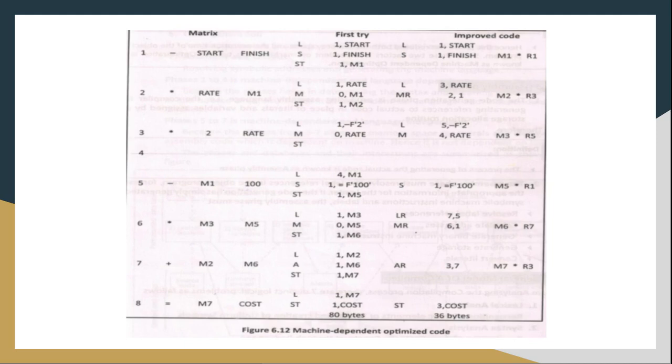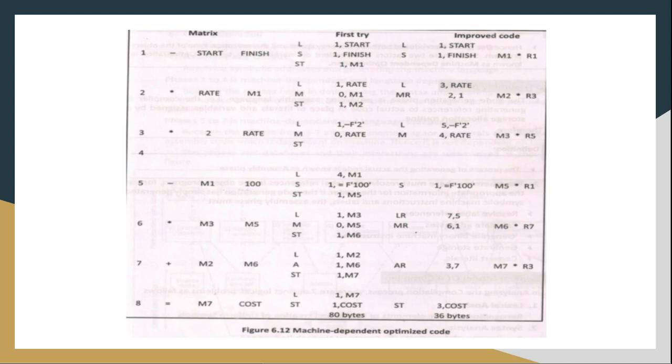Now the subtraction result is available in register 1. That subtraction result will be stored into M1 by using the store instruction. So the first 3 lines in the first try column show the object code for M1, that is the first entry in the matrix.